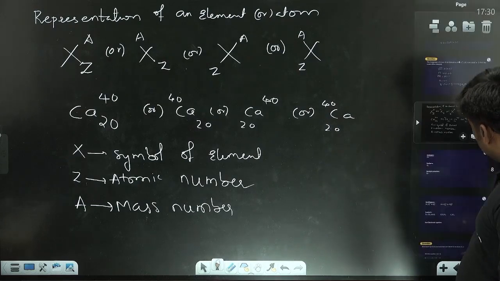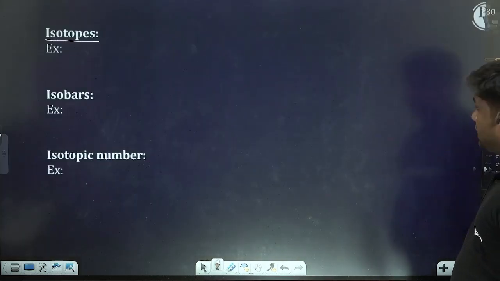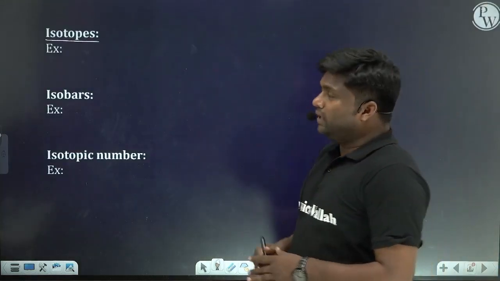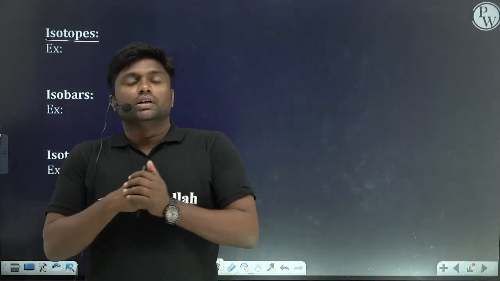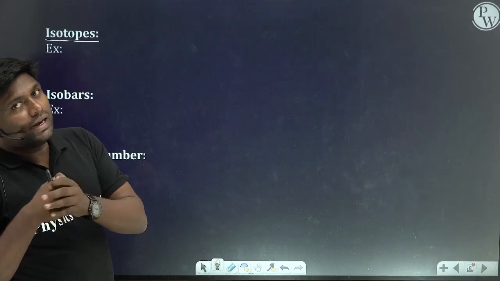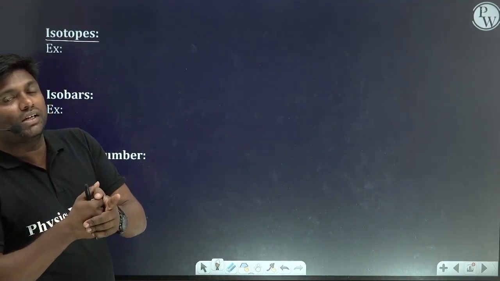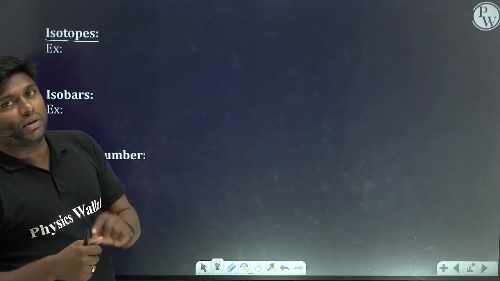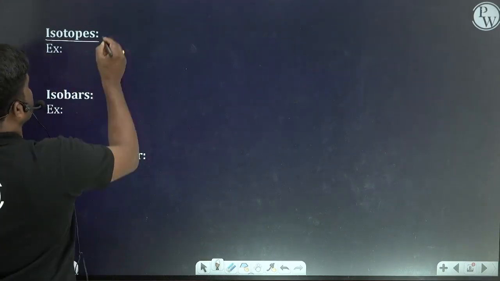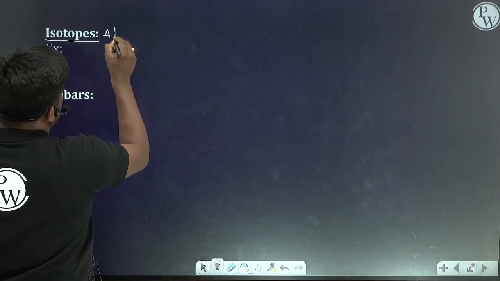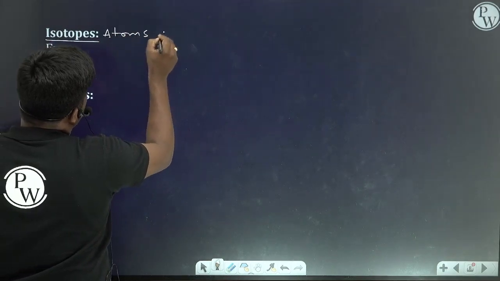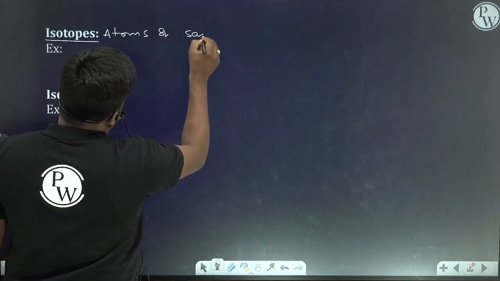And next now we are going to discuss about the isotopes. So what do you mean by the isotopes? Isotopes are atoms of same element having a same atomic number but different mass number.